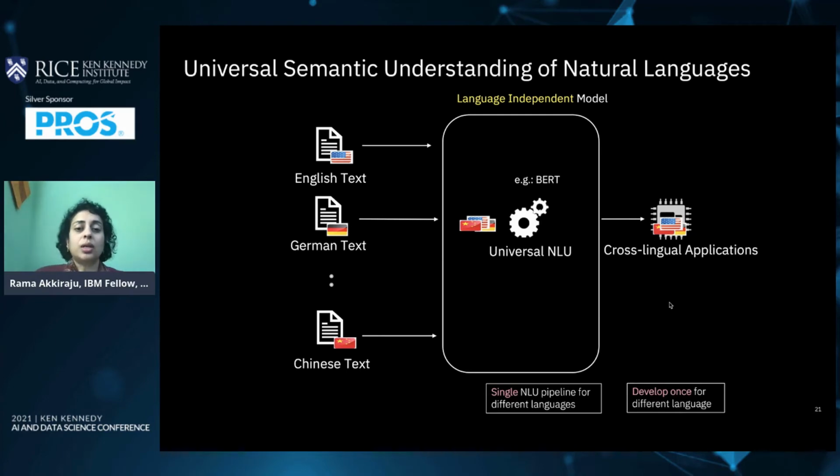But the good news is that the industry has already evolved to a better model. There are universal natural language understanding pre-trained models, such as BERT, which is just one of them. There are several others, such as fastText. These are basically pre-trained language models on large amounts of multi-purpose, multilingual data.